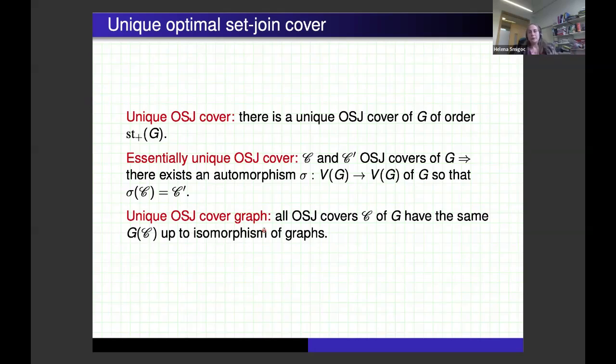And finally, the weakest form of uniqueness is just the unique OSJ cover graph. So the two covers may not be unique, in that there's no automorphism between them, but they might have isomorphic graphs, and that's another way of understanding uniqueness. The most restrictive one, of course, is the unique OSJ cover, and the least restrictive is unique OSJ cover graph.